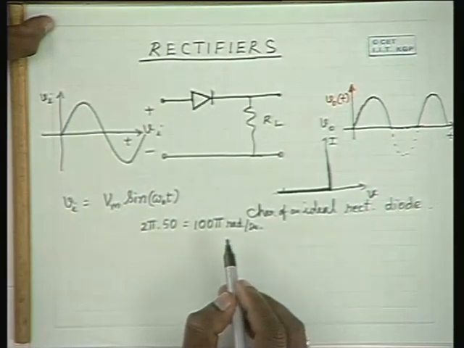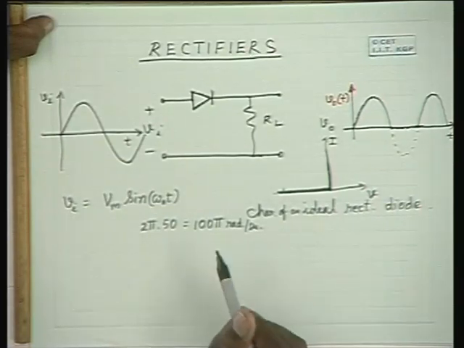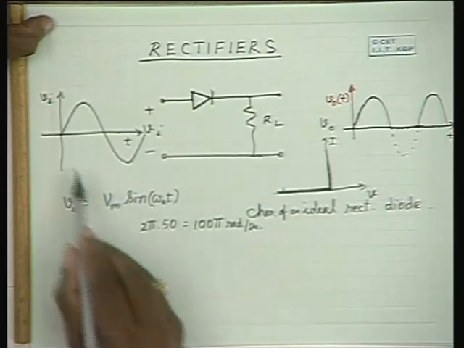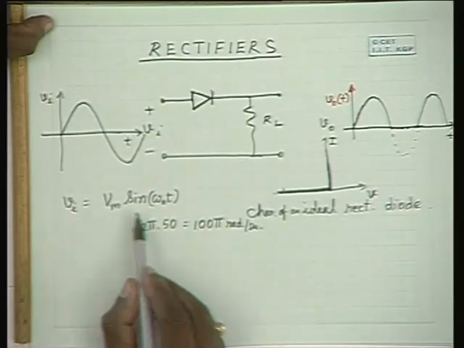In some western countries like the US, 60 hertz is used, where it is 120 pi radians per second. So this is the expression for the input voltage, where Vm is the peak voltage.